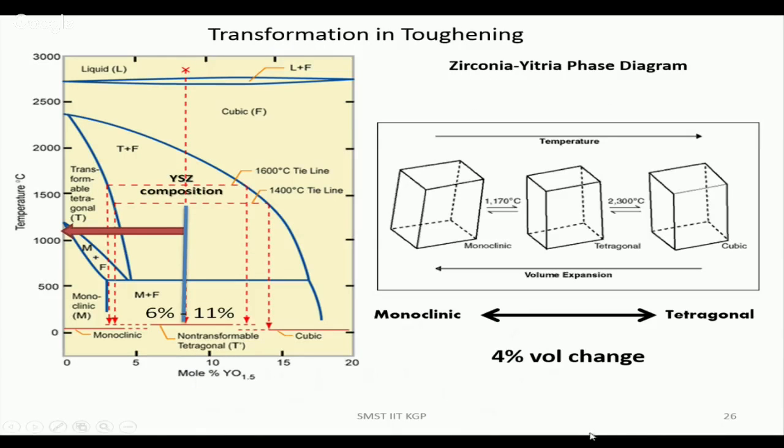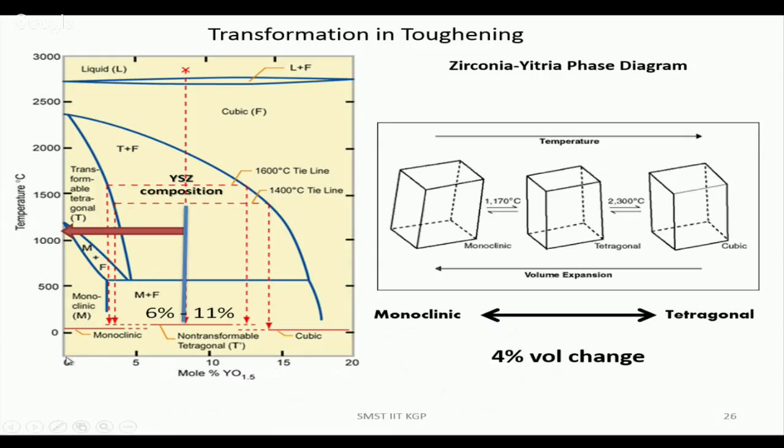Very interestingly, I am now enthusiastic enough to show you the phase diagram of zirconia. What we can see here is temperature versus composition. Here is 100% zirconia, 0% yttria at this point, and as you go along the x axis, the percentage of yttria increases, right?